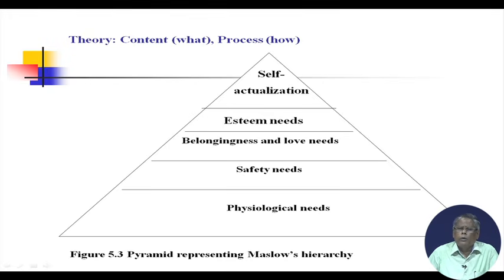Maybe the individual would like to be a good parent, a recognized artist, a scientist, a lawyer, or a good spouse. So, what he internally wants to be, if he can become that, that is the stage of self actualization.